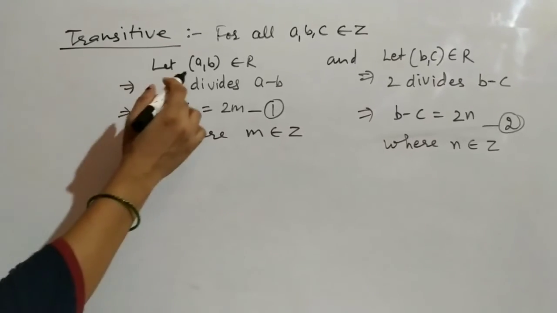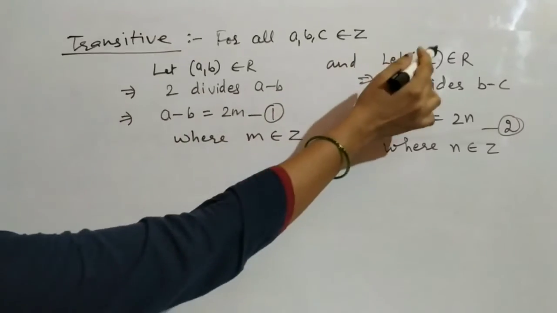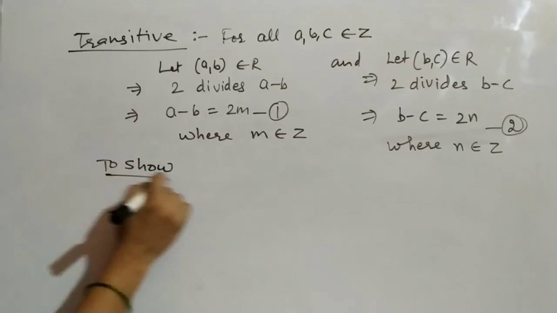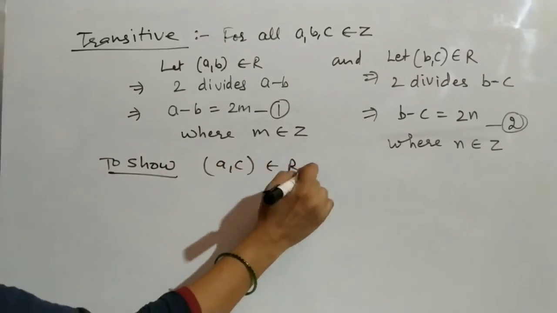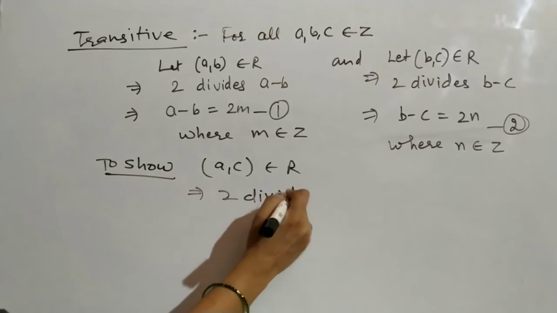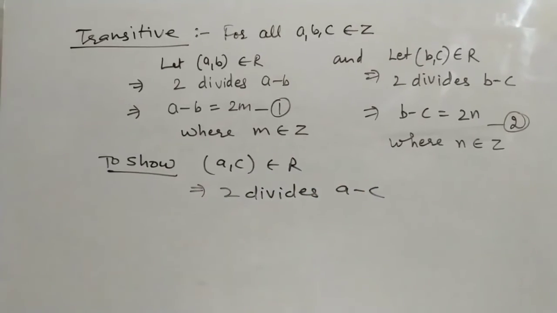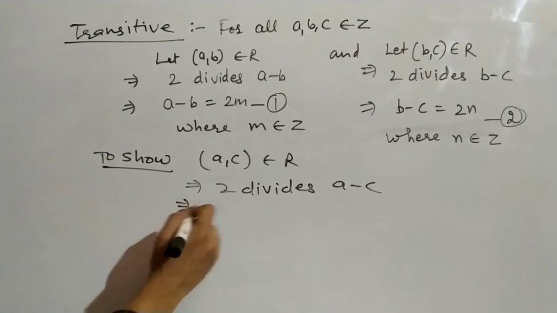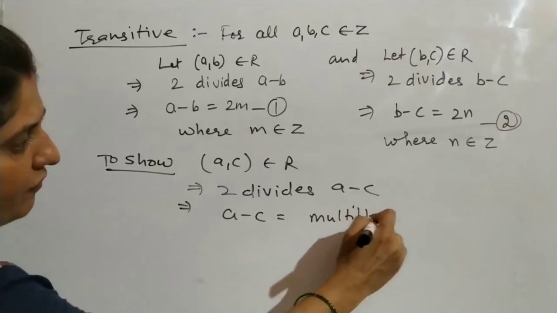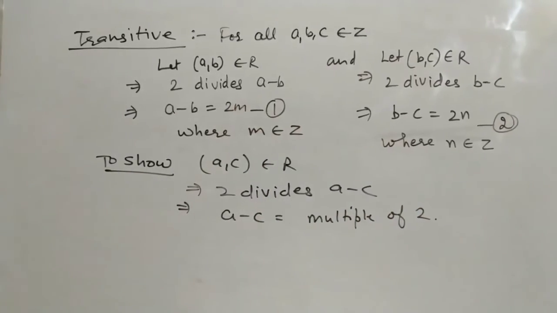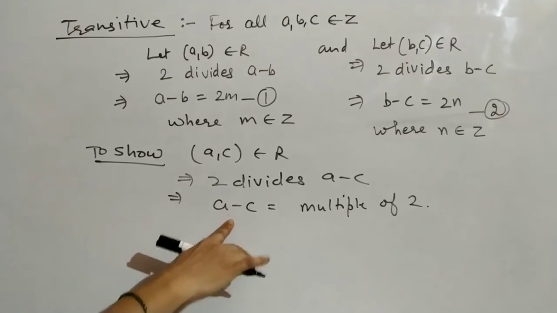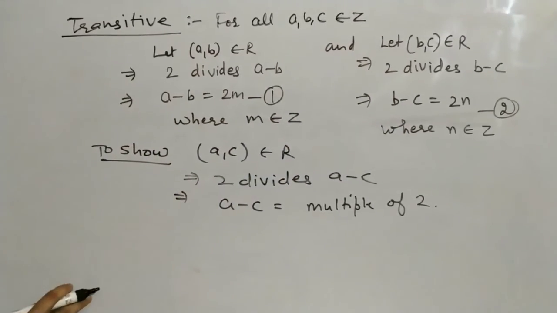Now we have a comma b belongs to R and b comma c belongs to R. We have to show a comma c belongs to R. Means we have to show 2 divides a minus c. Means we have to show a minus c is some multiple of 2. For proving this part, we will use equation 1 and equation 2.